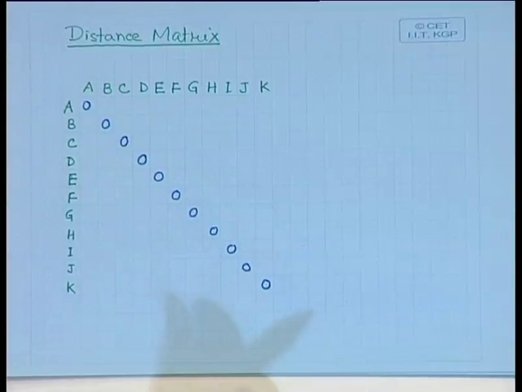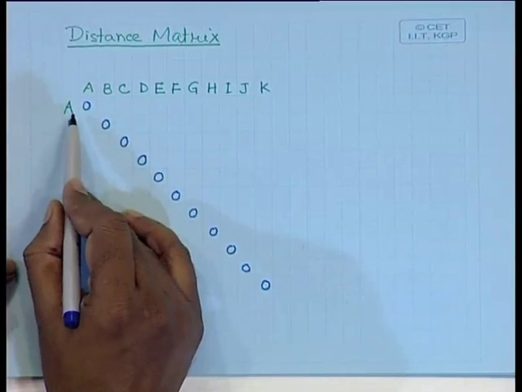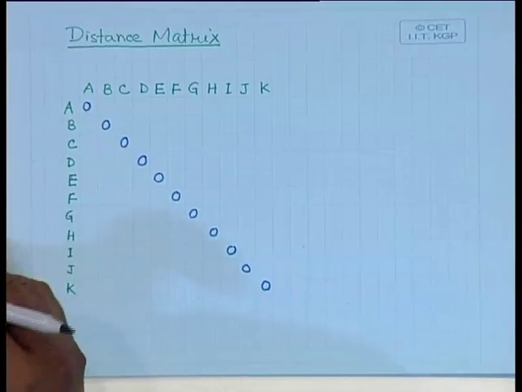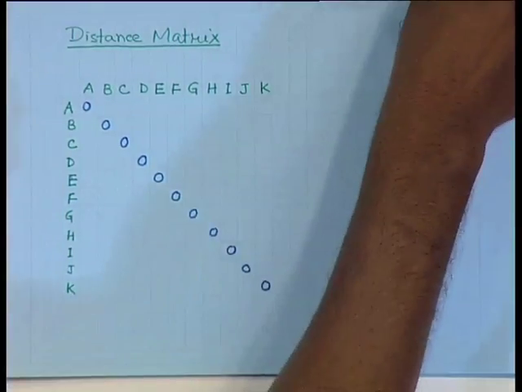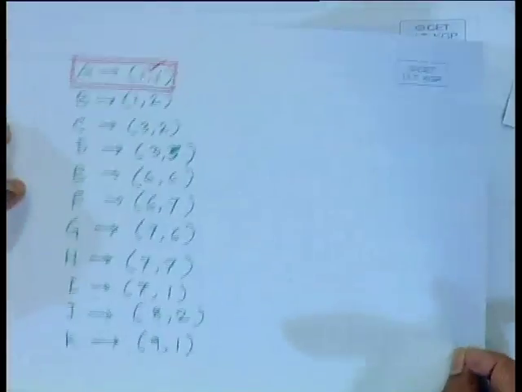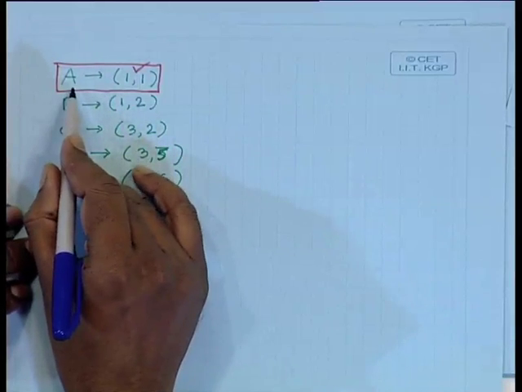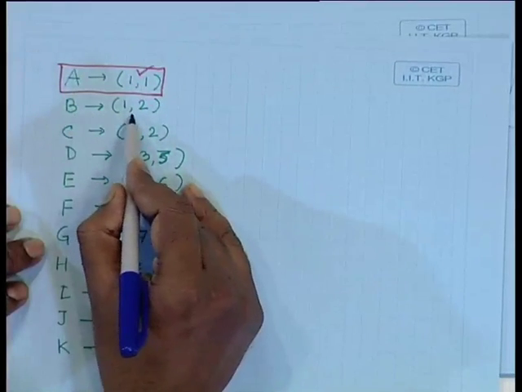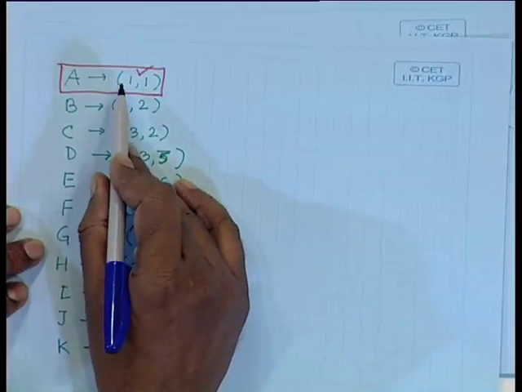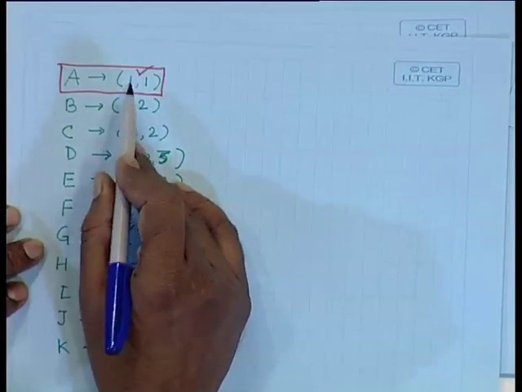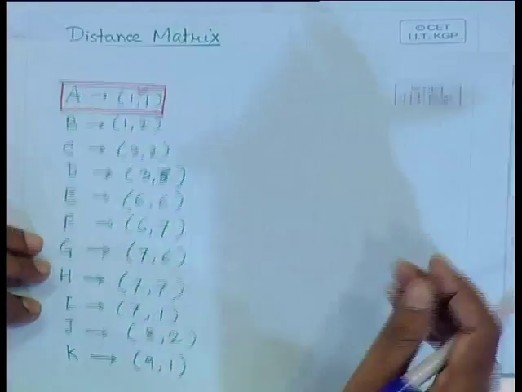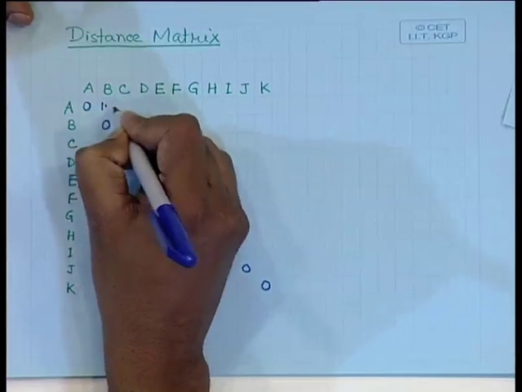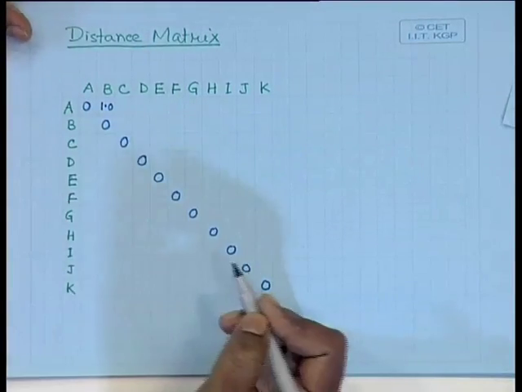Okay. Now, you find out the distance between A and B, and let us assume that we want to compute the Euclidean distance. Here you find that A has the feature vector 1 1, and B has the feature vector 1 2. So, naturally the Euclidean distance between A and B is 1. So, the distance between A and B, let us write 1.0.